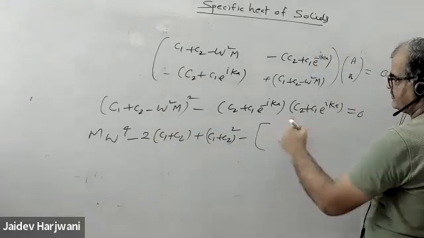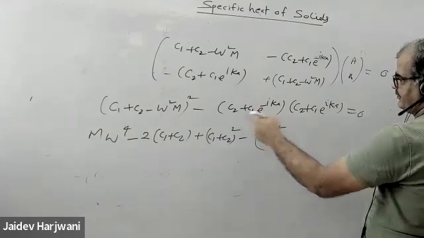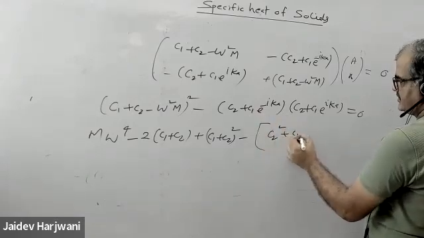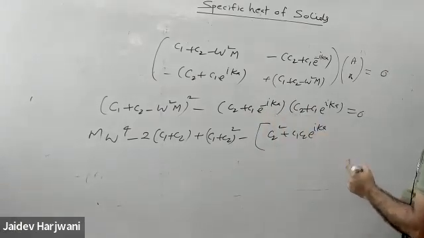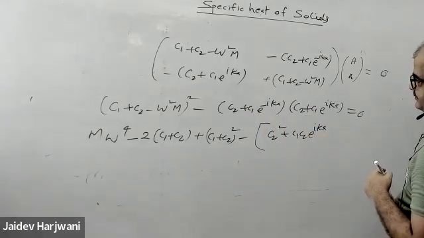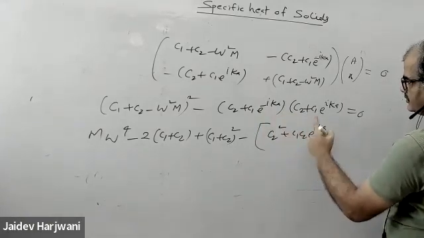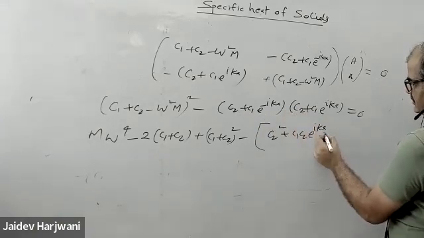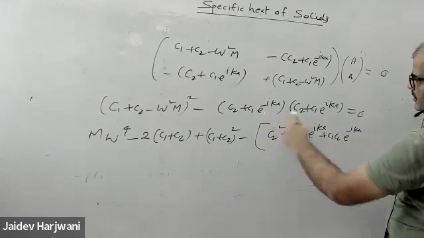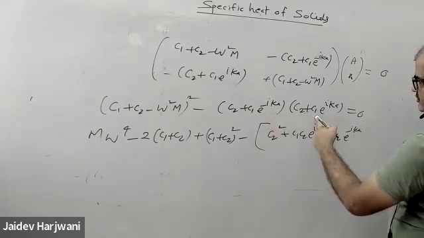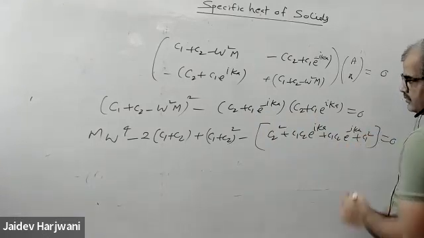If I multiply by this one, this becomes C2 square. This becomes C1 C2 e power iota k. If I multiply this one, this gives me C1 C2 e power minus iota k, and this becomes C1 square, equals 0.